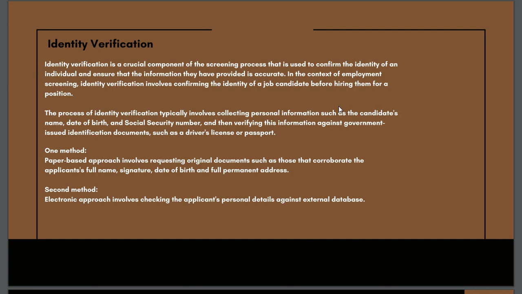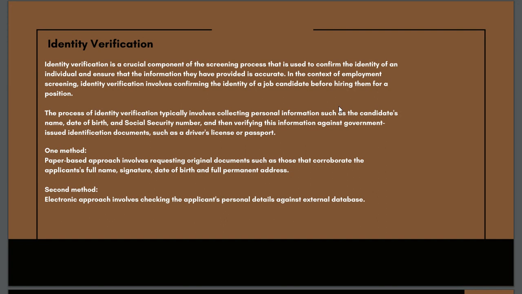The process of identity verification typically involves collecting personal information such as the candidate's name, date of birth, and social security number, and then verifying this information against government-issued identification documents such as a driver's license or passport.